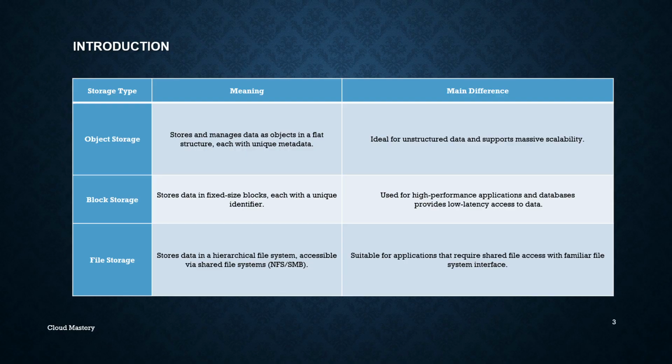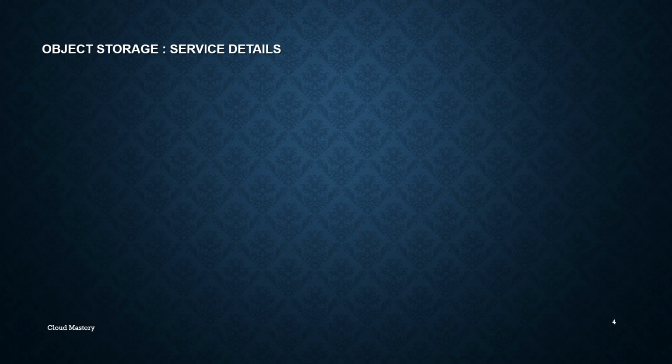Then file storage: this is accessible if you have multiple systems and you want to share your data as per application environment and requirement. You can have this type of file storage in cloud environments. We have multiple services in AWS also. I will talk about this in coming slides, so let's go one by one.